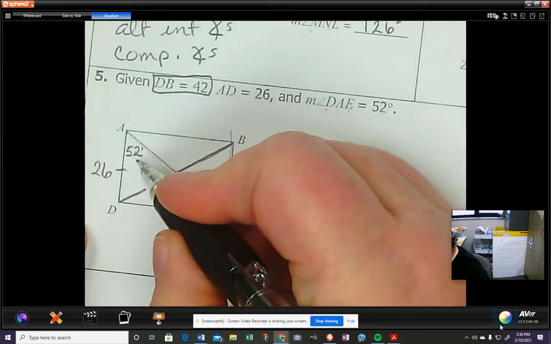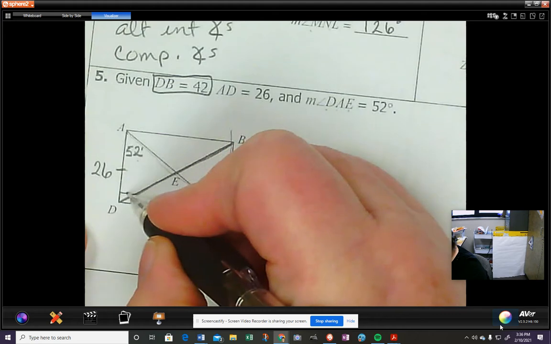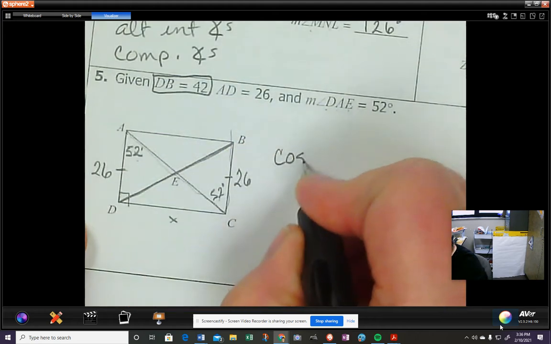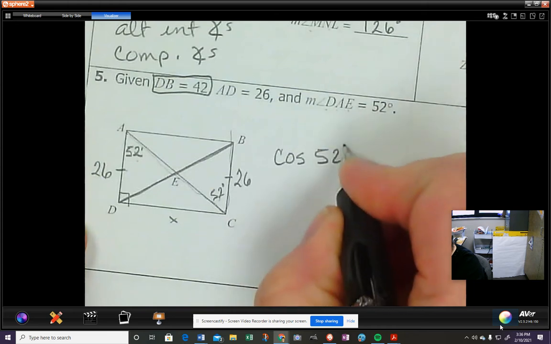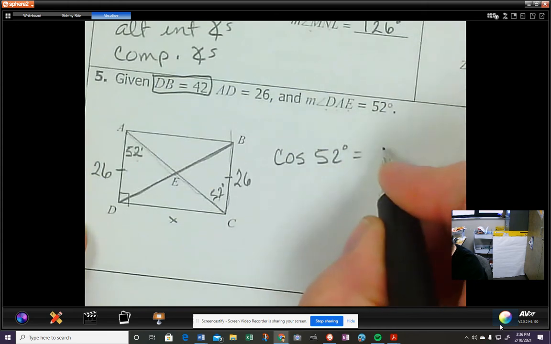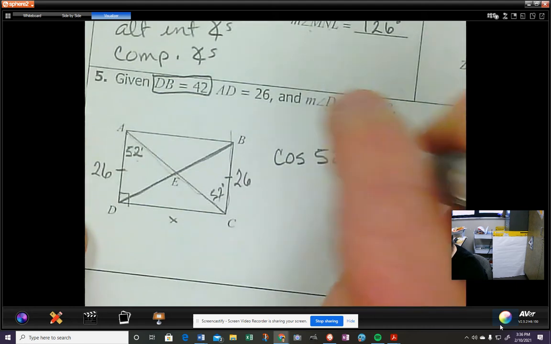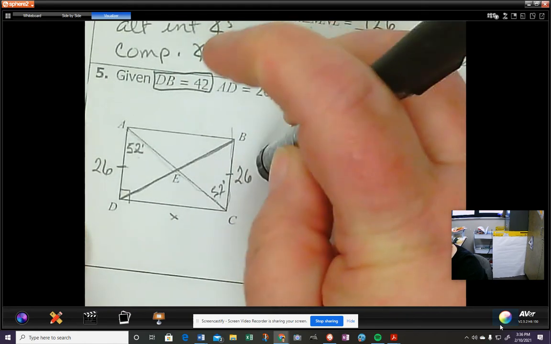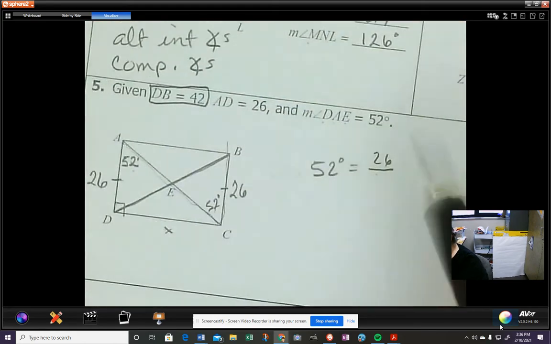You see that? Here's my right angle. Cosine 52 degrees equals 26 over, no, not it. It's not cosine, it's tangent. Come on, Miss Rogers. Learn your ratios.